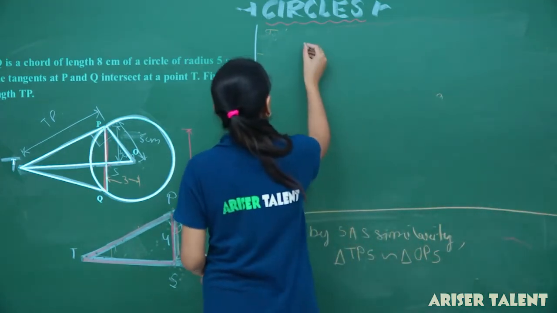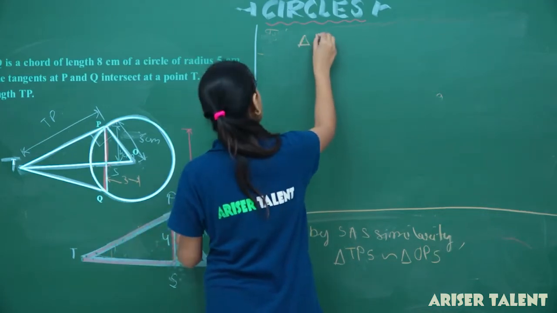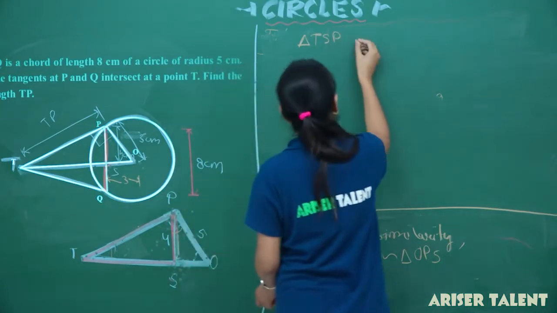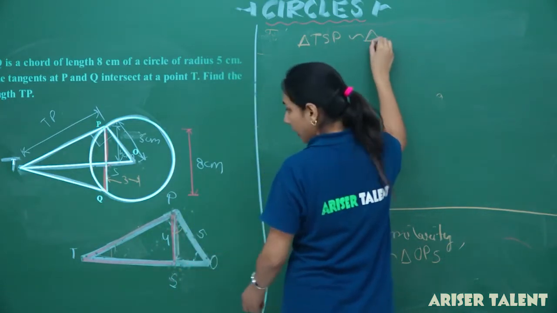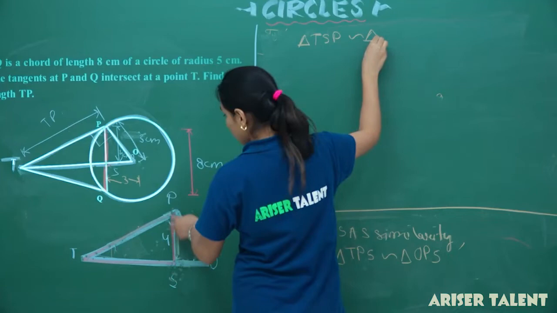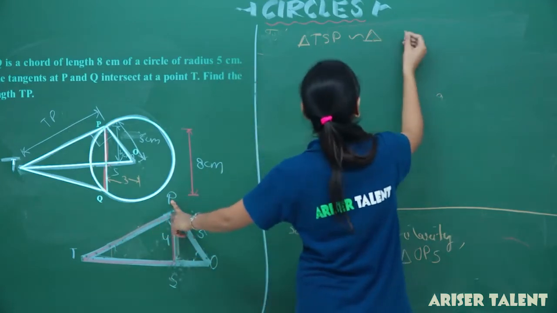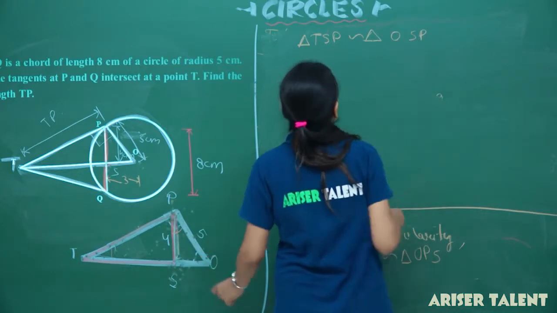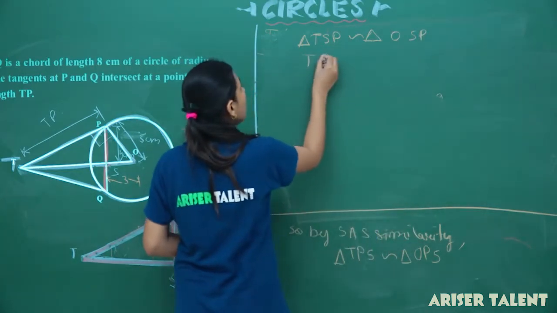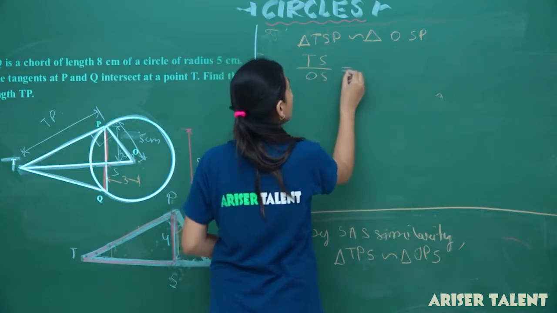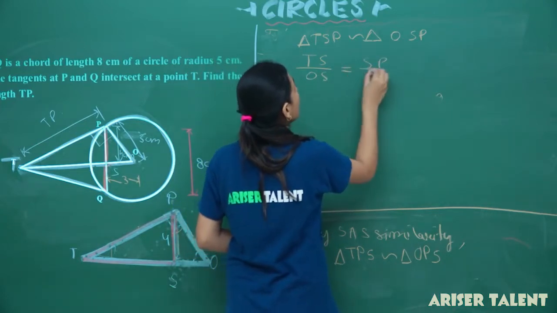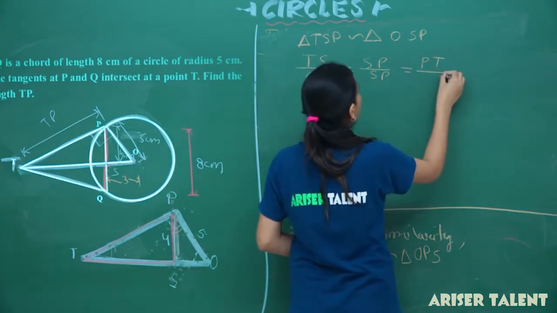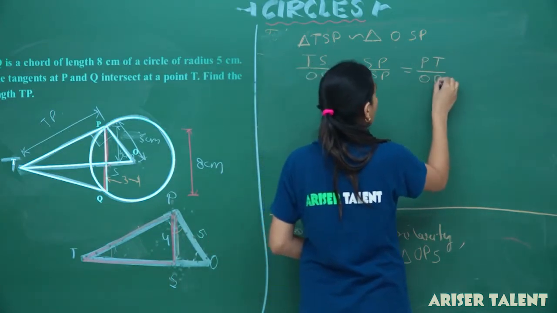So if triangle TSP is similar to triangle OSP, then TS over OS equals SP over SP equals TP over OP.